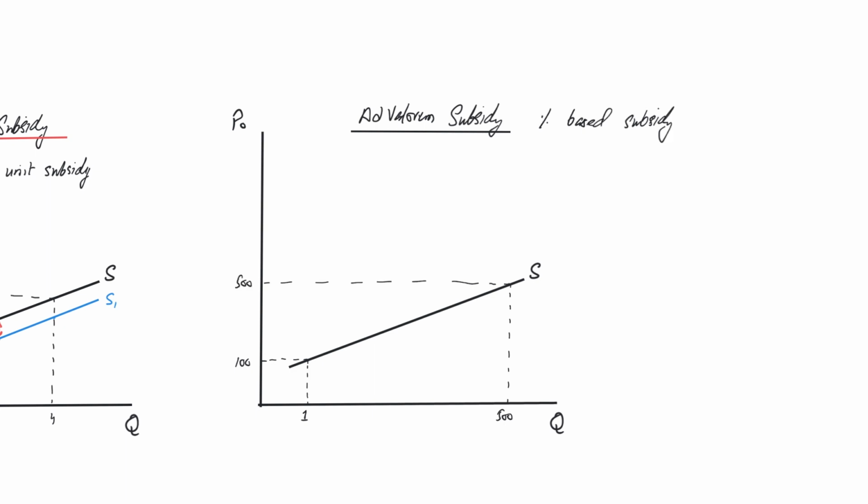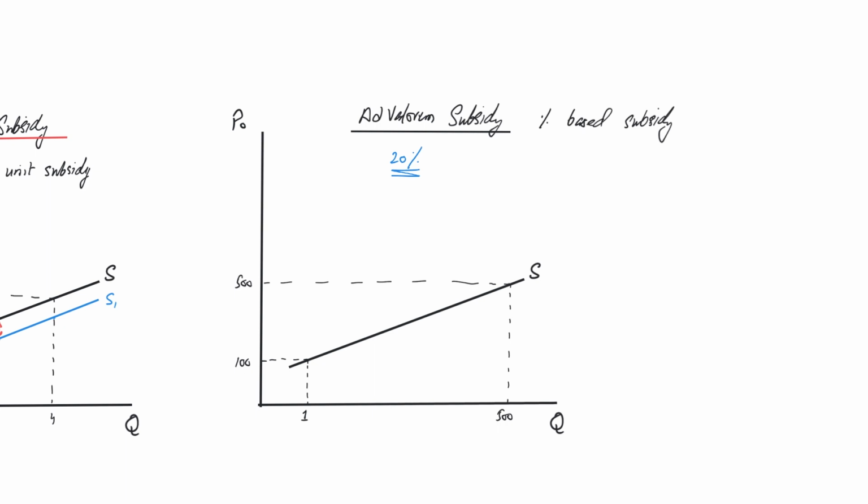Okay. Now as the price goes up, producers are willing to supply more. Now let's say the percentage subsidy on the price is about 20%. So for 100 rupees, what you're producing, 1 liter, you want to sell it for 100 rupees, you get a 20% subsidy on the liter, so you're going to get a 20 rupee discount.